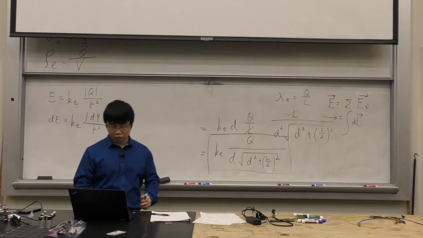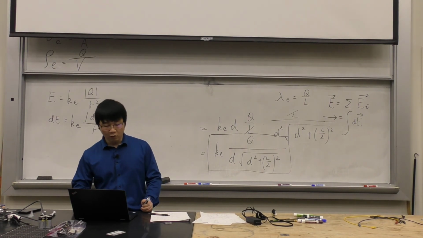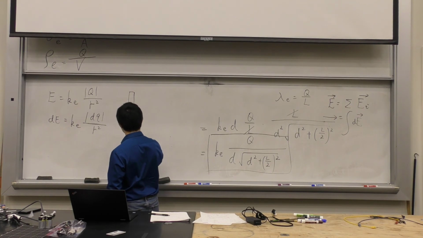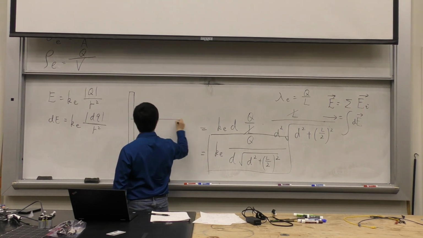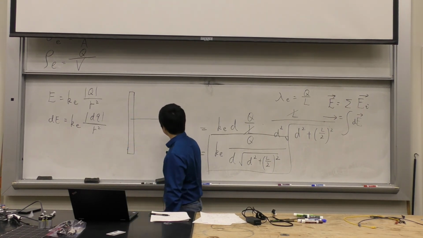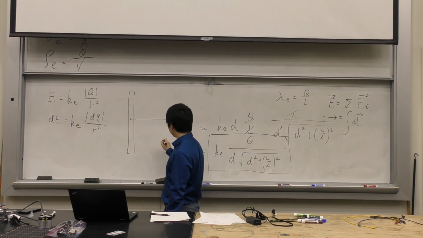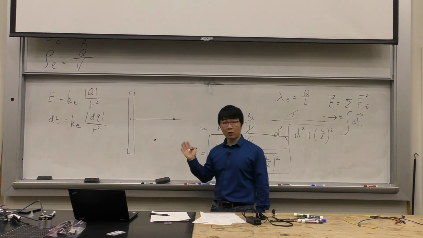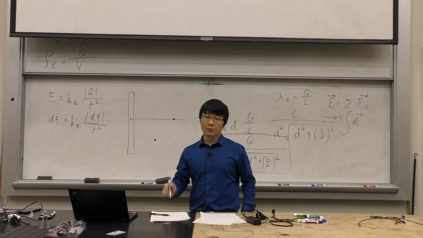Now we're gonna practice. Of course, as I said, it's only true if I'm looking for the electric field at a point along this axis, right? Say if I want to find the electric field at this point, of course all y components are not going to cancel, right? But you can still do that.